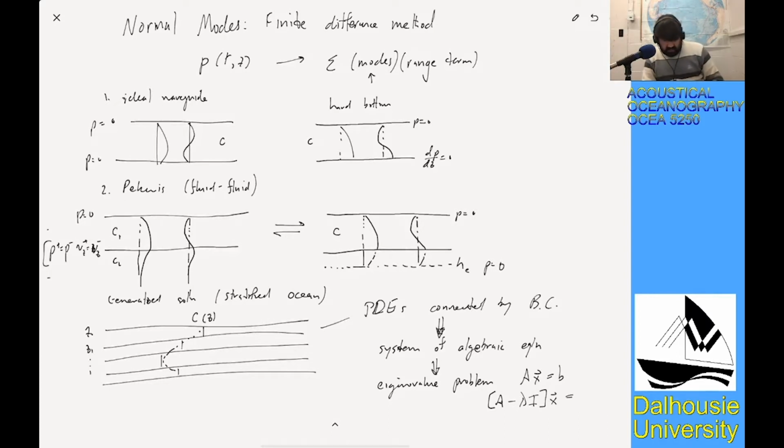And the take-home message here is that the eigenvectors are the mode shapes. And the eigenvalues we saw when we applied this method.